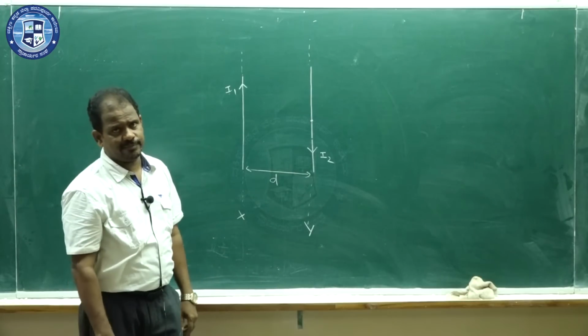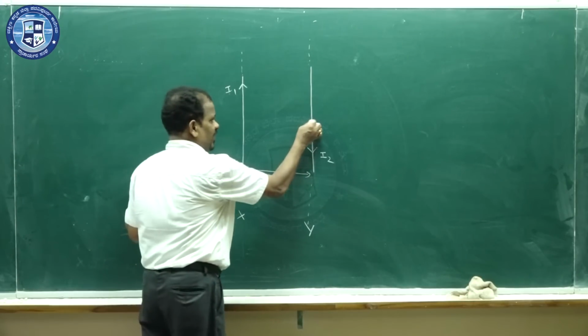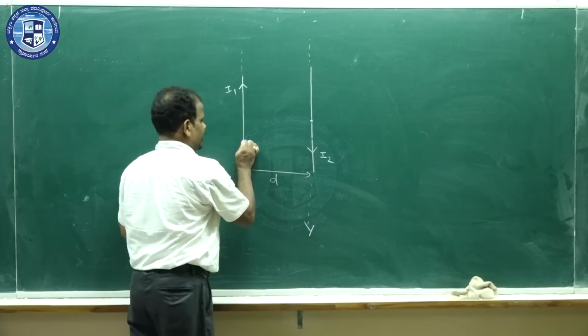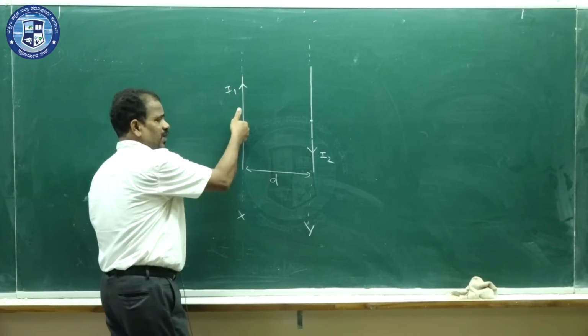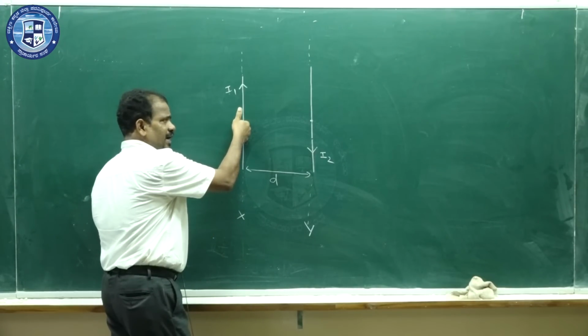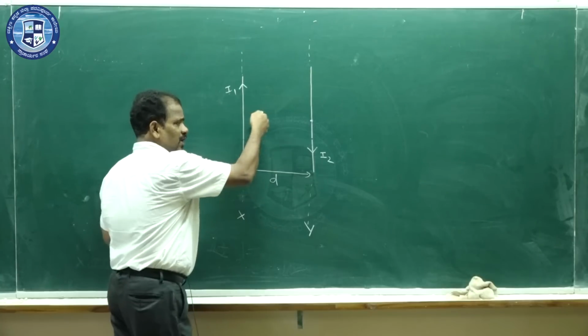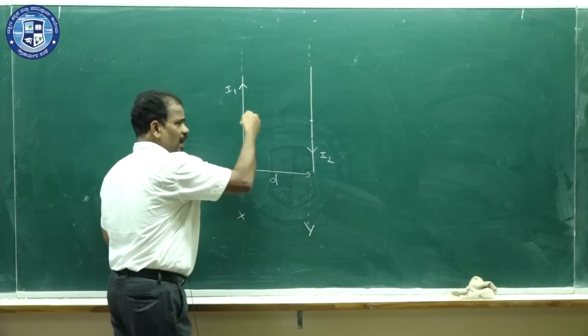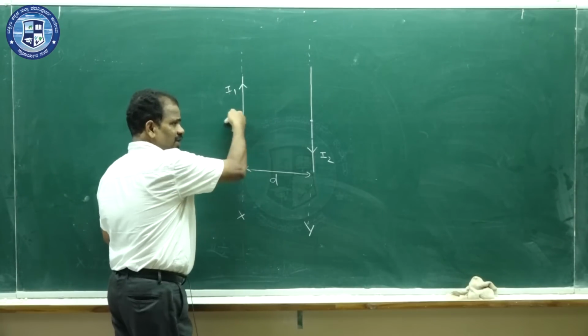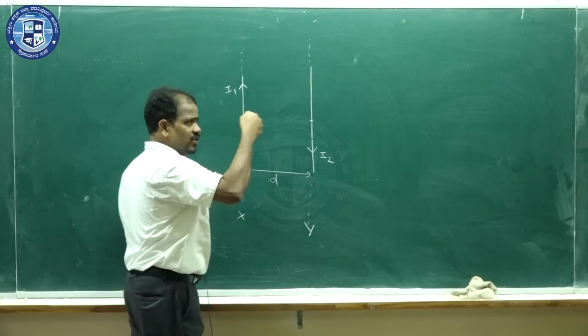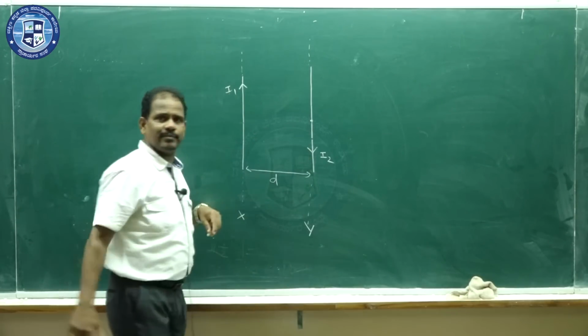Direction. Magnetic field here because of this wire, where the current is going vertically up, by the right hand clasp rule. This is the direction of the magnetic field lines. So here it is coming out and here it is going in.